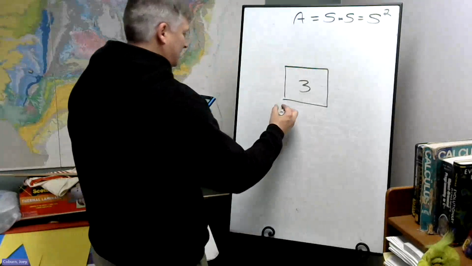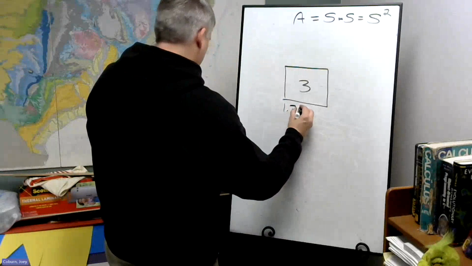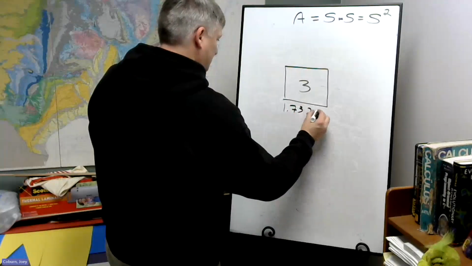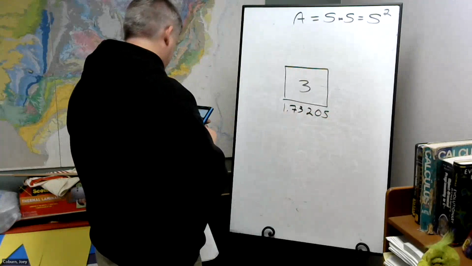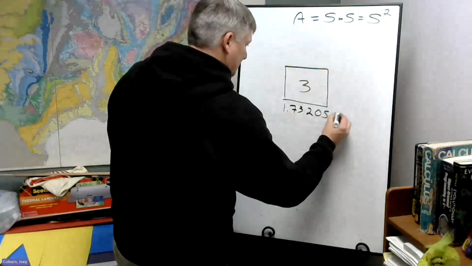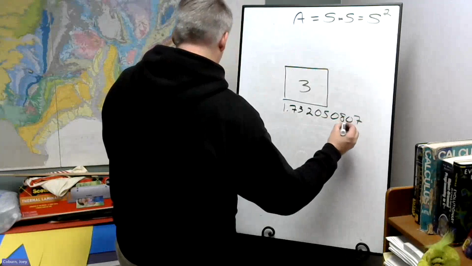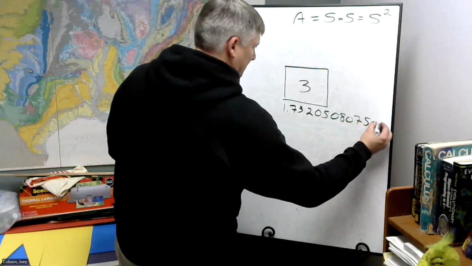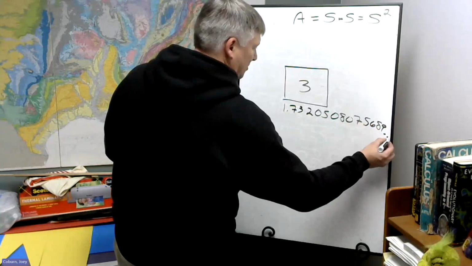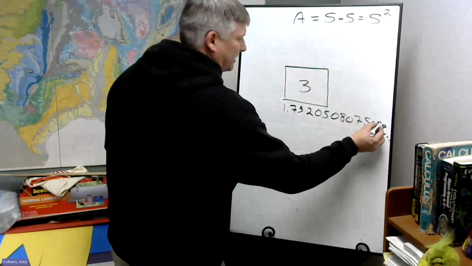It turns out to be 1.73205 0807 5689, and then it keeps going. My calculator just ran out of space.